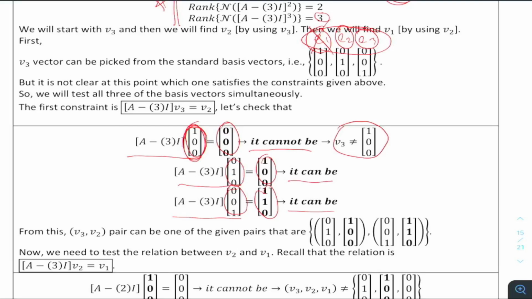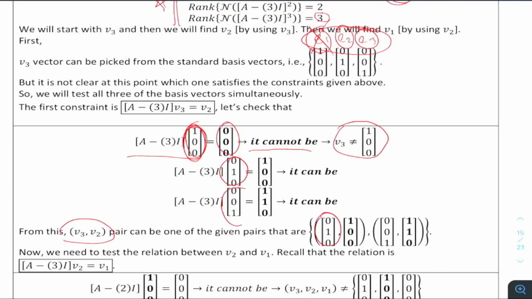Okay. And this is v3, v2 pair. This is v3. Let me delete some parts. This is important. And this is v3, v3.